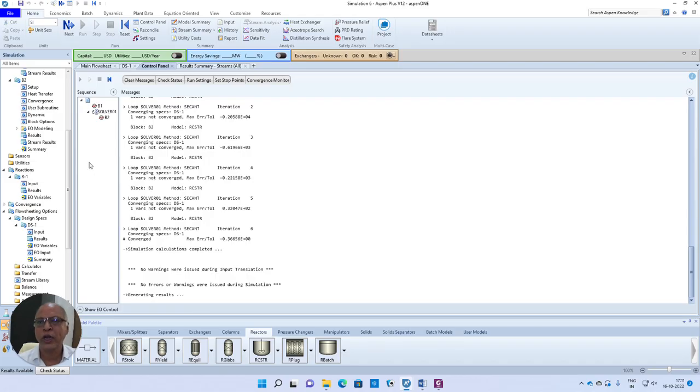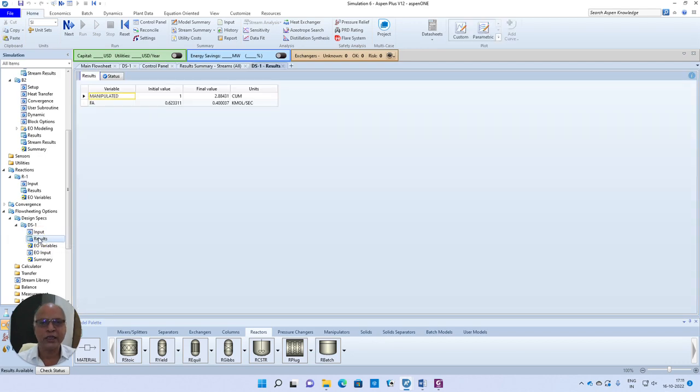Now you can see because of the design spec, this block B2 is iterated maybe 6 times. Again, the method used is secant. We were able to reach a convergent solution. Let us look at these results. When we assume the value of volume as 1, the outlet flow rate of ethane is 0.62.